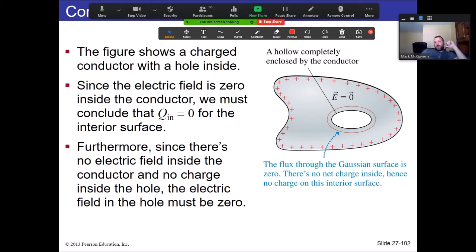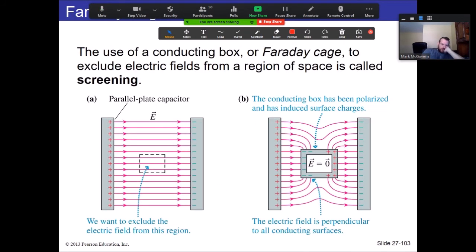We can't have any Q enclosed. So if you have a cavity inside your conductor, that won't accumulate any charge on it, assuming that it's truly a cavity. If there are things in there, it might be different. I'll show you an example of that. But the charge has to distribute itself as far away as possible, so it's not going to accumulate on the cavity at all.